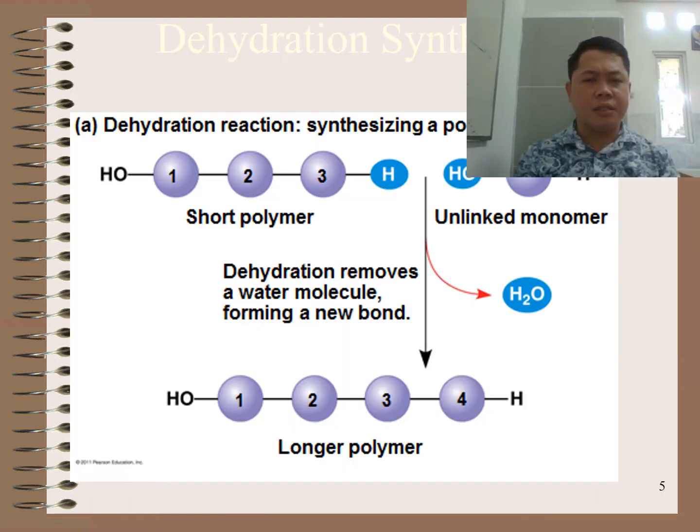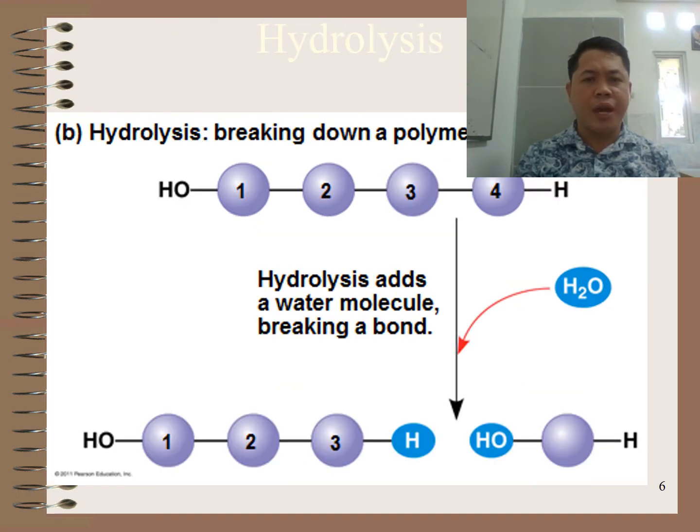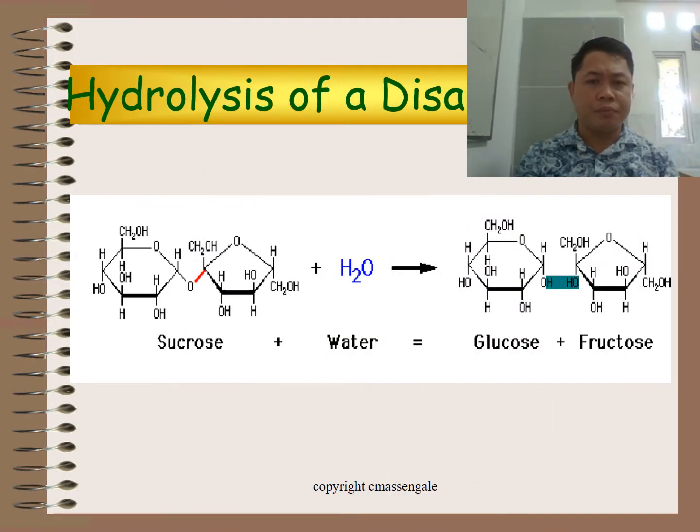Dehydration synthesis, like what you can see on the screen, compared to hydrolysis, where we need to add water for the hydrolysis to occur. And this is a good example of hydrolysis of a disaccharide.